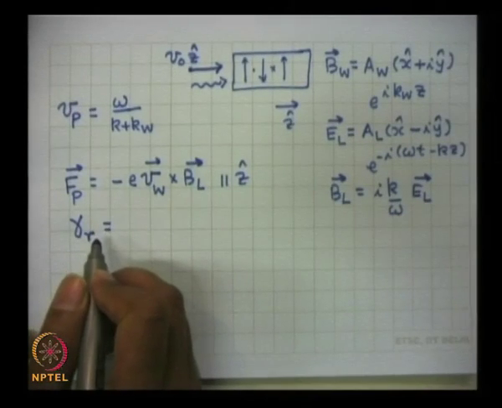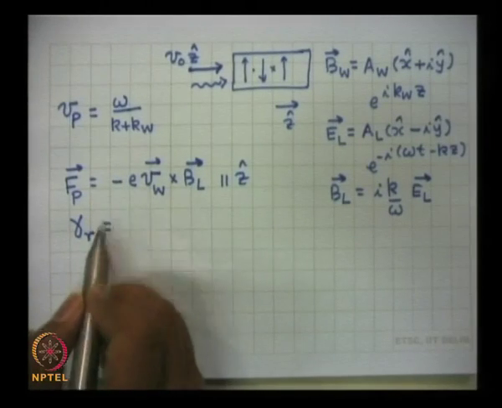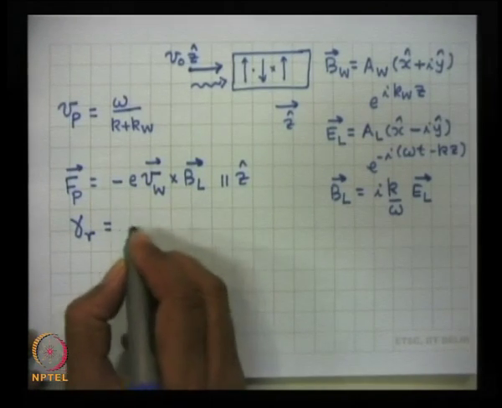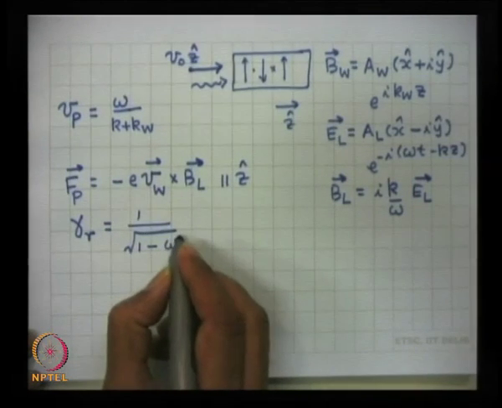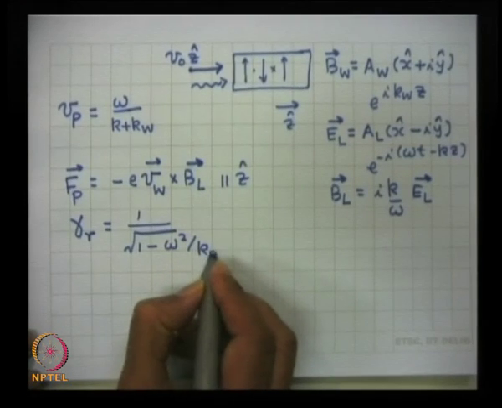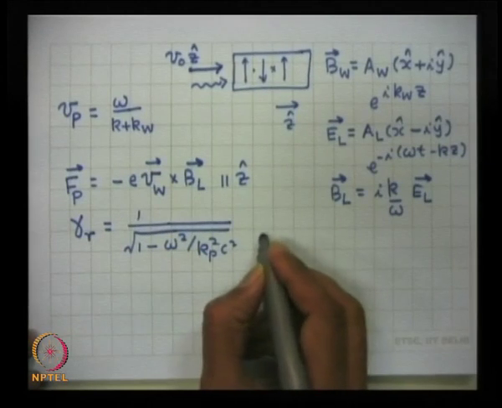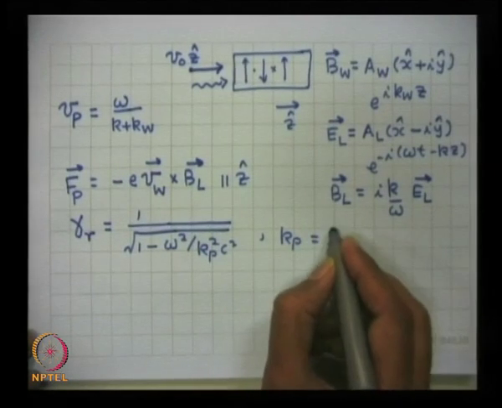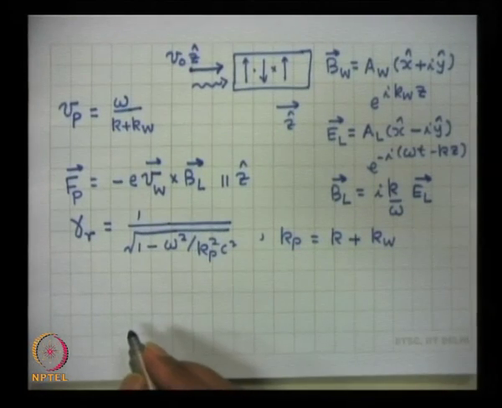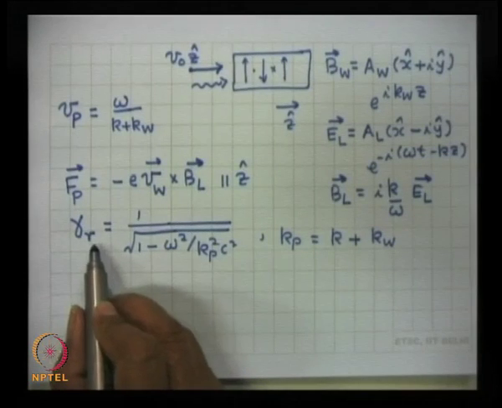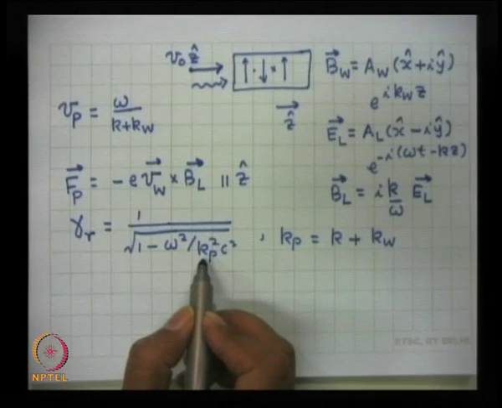If the electron is moving with a velocity equal to the phase velocity of this force, then I call this energy gamma r, which I defined as 1 upon under root of 1 minus omega square by kp square c square, where kp I defined as the sum of the laser wave number plus the Wiggler wave number. So, gamma r certainly is a quantity quite large if omega upon kp is very close to c.